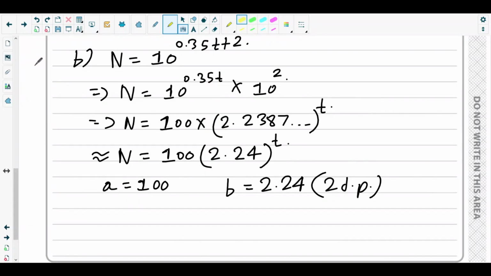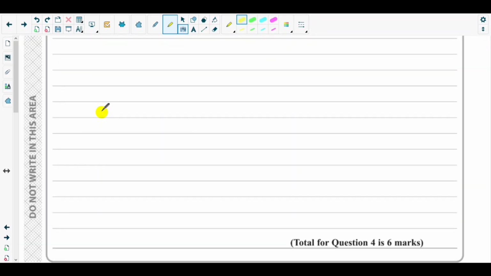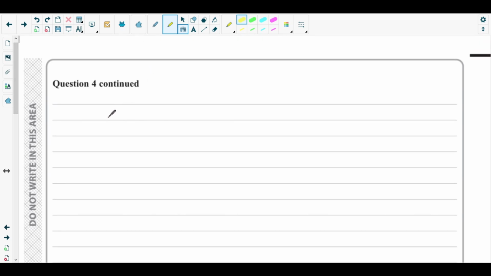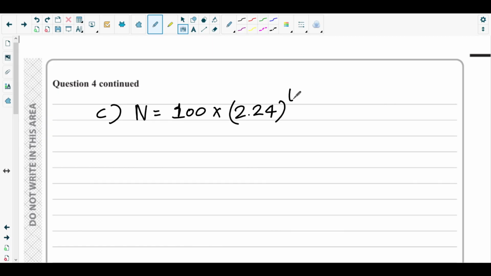The equation for n is 100 times 2.24 to the power t.